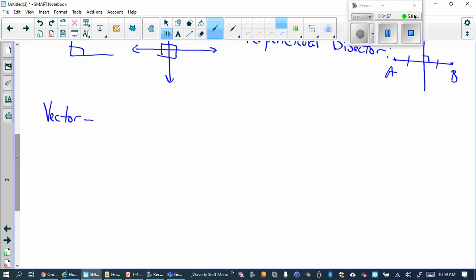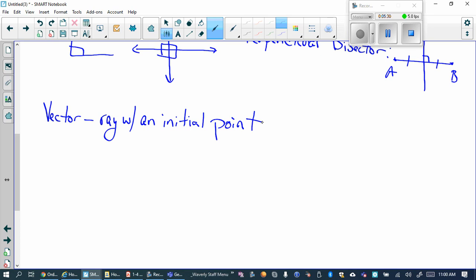So a vector is just a ray. A ray is like a one-directional array that starts and ends, okay? So it's a ray with an initial point, a starting point, and a terminal or ending point, okay? You guys know that terminal means end, right? To terminate something, or someone has a terminal disease, they're going to end, right? Okay.